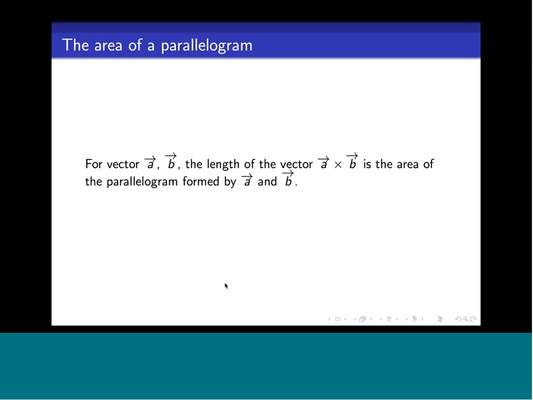So the area of... have we learned the cross product? Did we? We learned dot product, that's for sure, right?